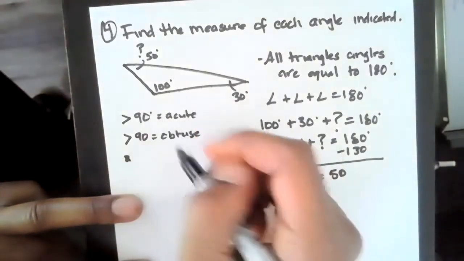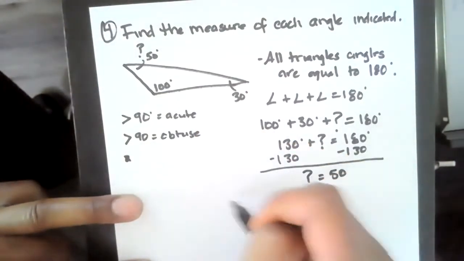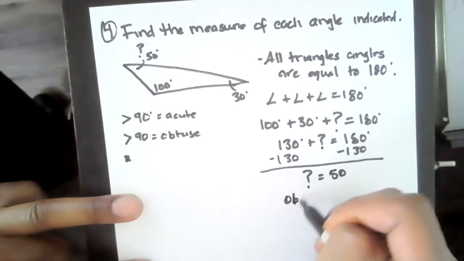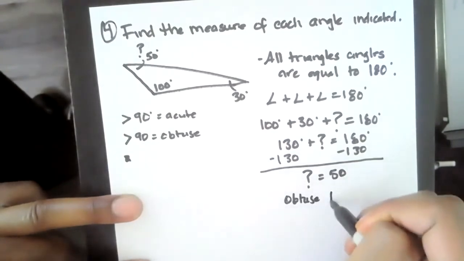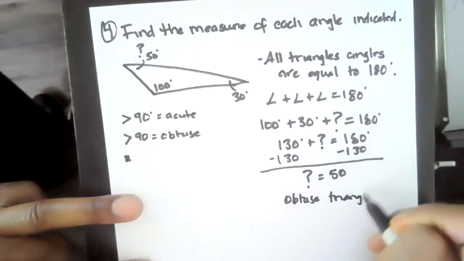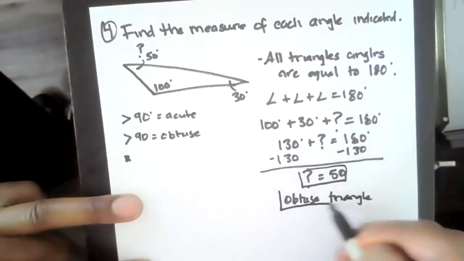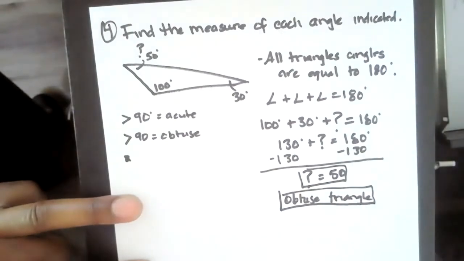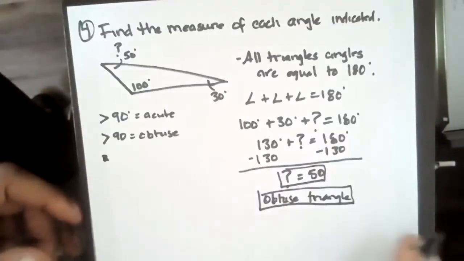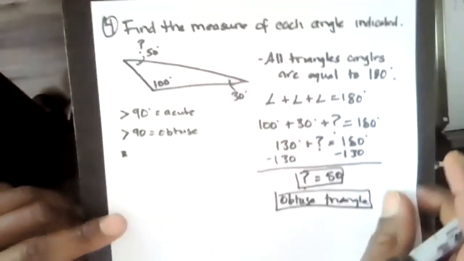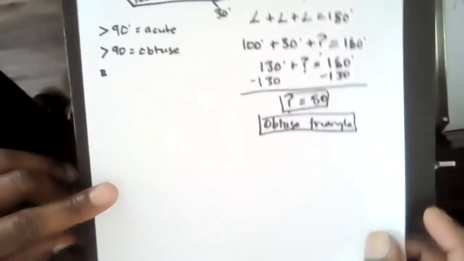So this would be an obtuse triangle. All right. We'll try one more.